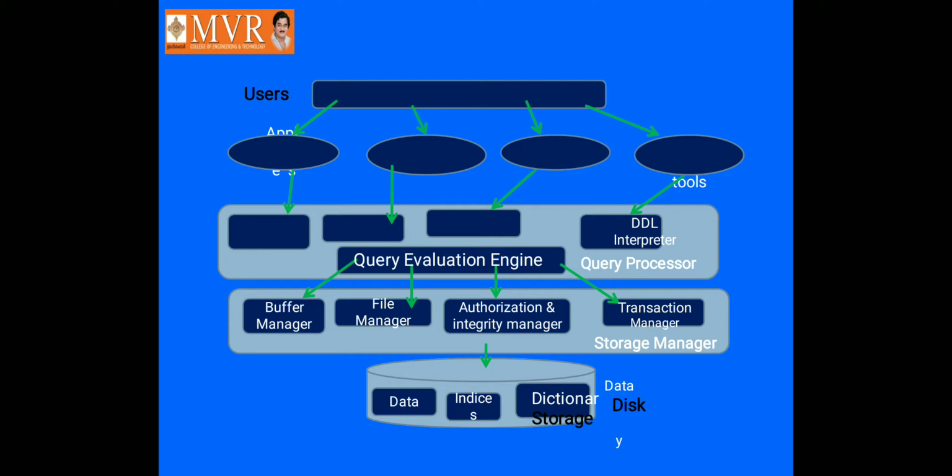These are the four, and the data is stored in the storage manager. The query evaluation engine has a relation with the buffer manager, file manager, authorization and integrity manager, and transaction manager.